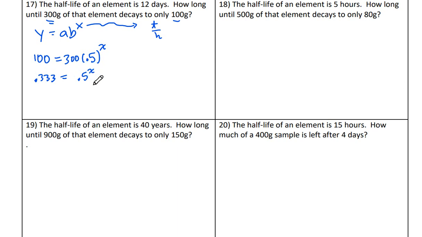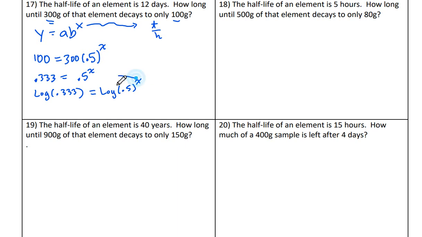And then, the whole point of this chapter was to solve when our variable is the exponent, and we know that we should log both sides in order to do that. Now on my calculator, I'm actually keeping more decimal places there, so don't be surprised if you typed in exactly 0.333, that you'll get a slightly different answer than me.